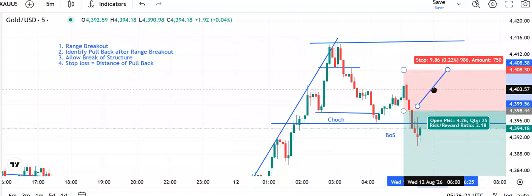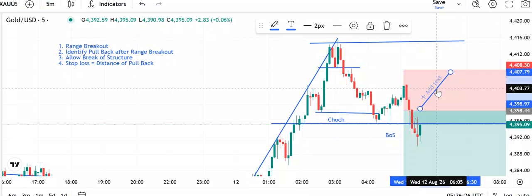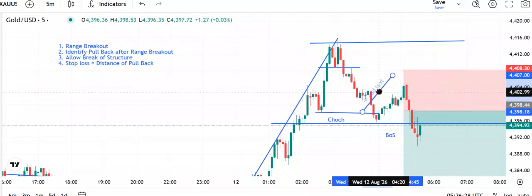So the stop loss for the trade should be equal to that distance. Okay.